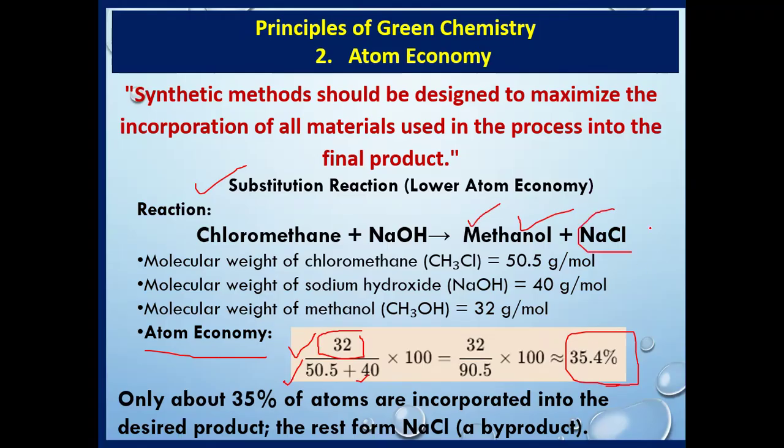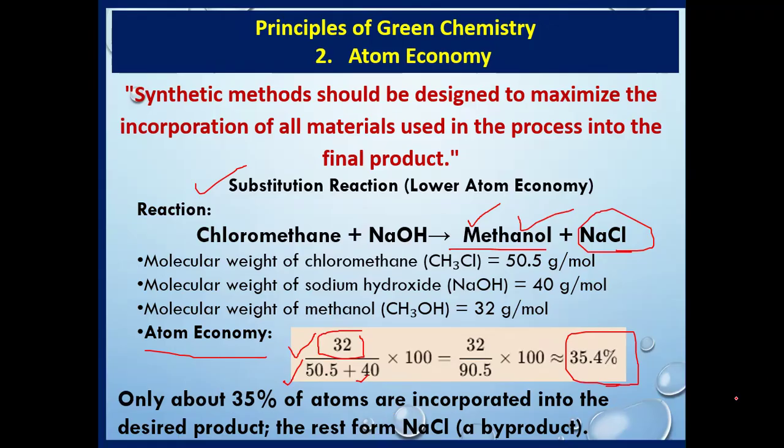So here we are using the molar mass of methanol only, because in this reaction methanol is the main product, and NaCl is the byproduct. So only the molar mass of the main product is used in this formula.